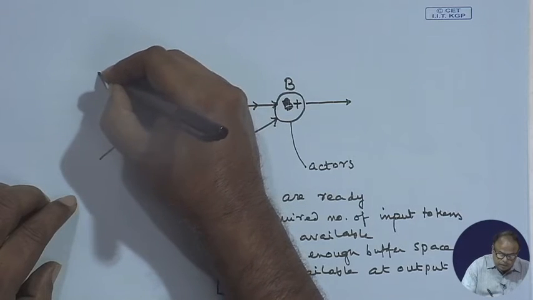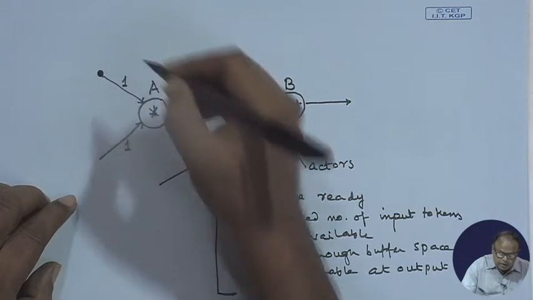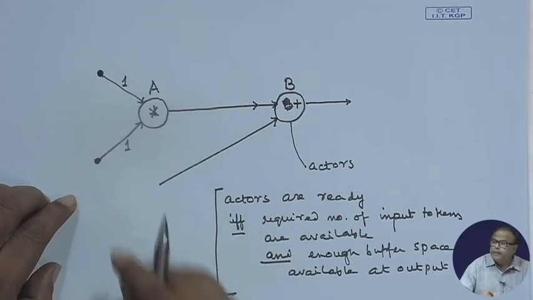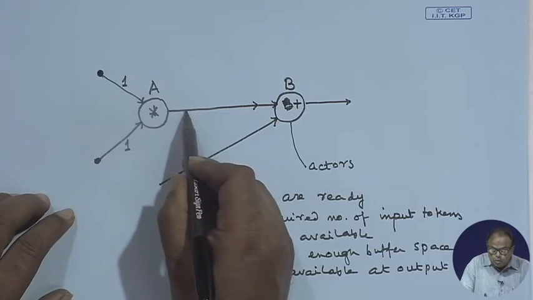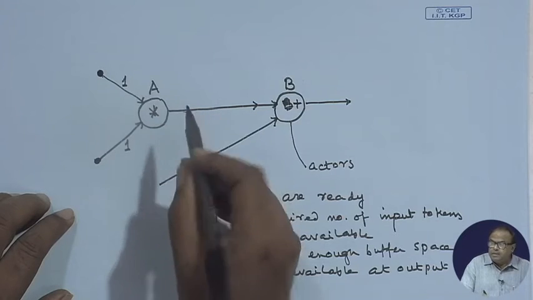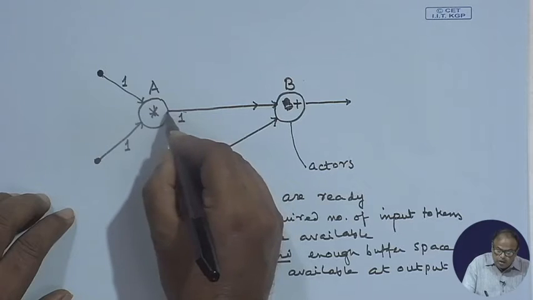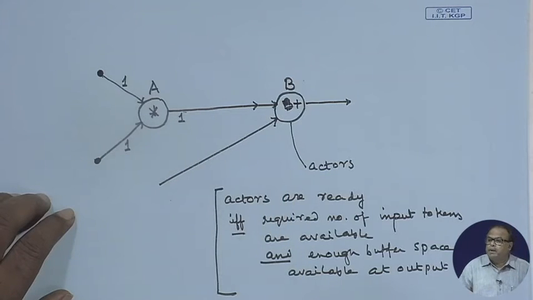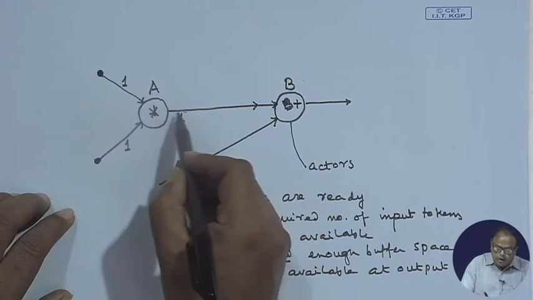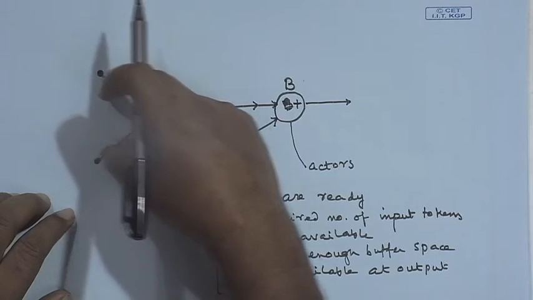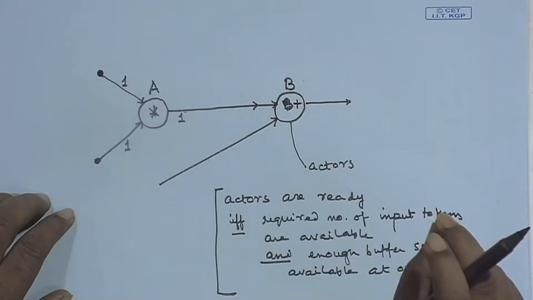So, if I have a token here and a token here, then this is ready to fire. I am saying here also 1, that means one token will be produced after multiplication and no token is there, so buffer space is available. If I fire it, it will come.